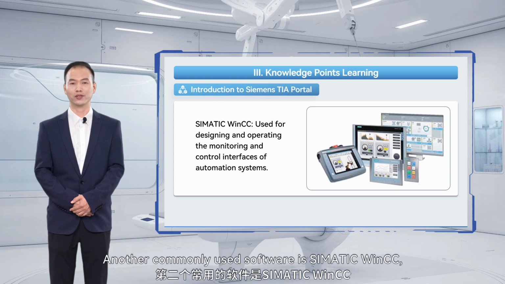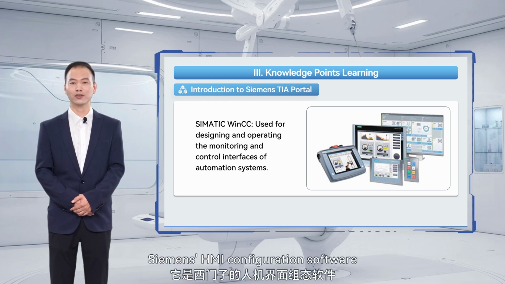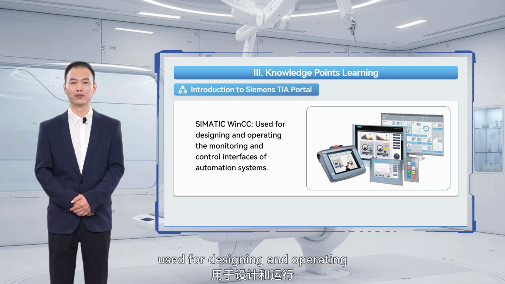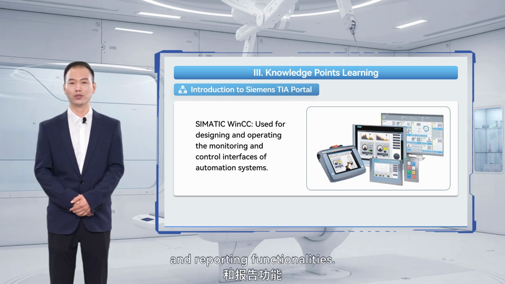Another commonly used software is SIMATIC WinCC, Siemens HMI configuration software used for designing and operating the monitoring and control interfaces of automation systems. It is mainly used in the monitoring layer of factories and production lines, allowing operators to monitor and control the production process via graphical interfaces, and providing alarm handling, data logging, and reporting functionalities.